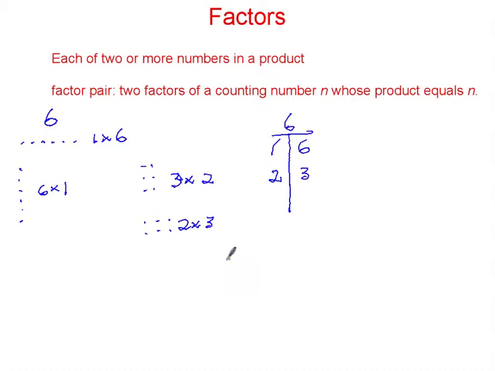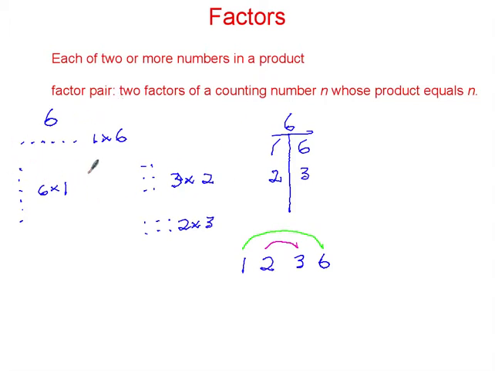Another way that you can do this is a factor rainbow. So you'd have 1 times 6 and 2 times 3 for a factor rainbow.